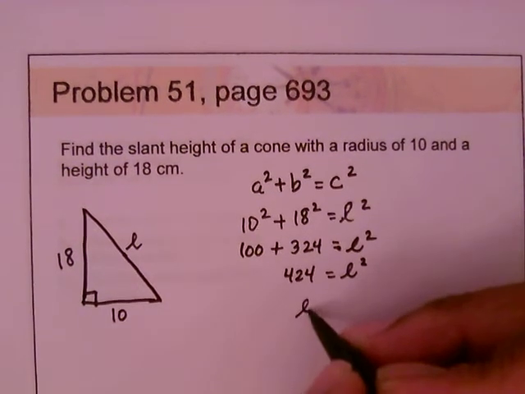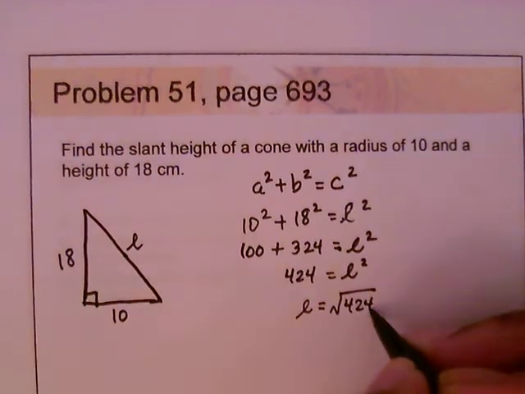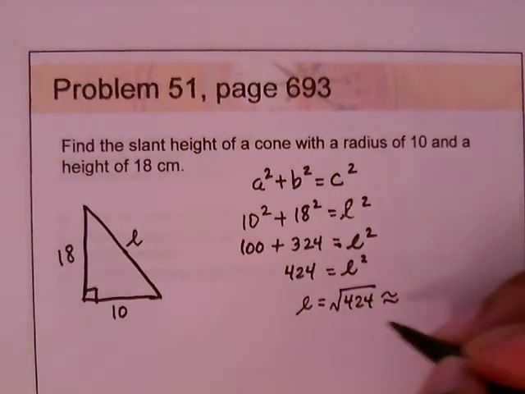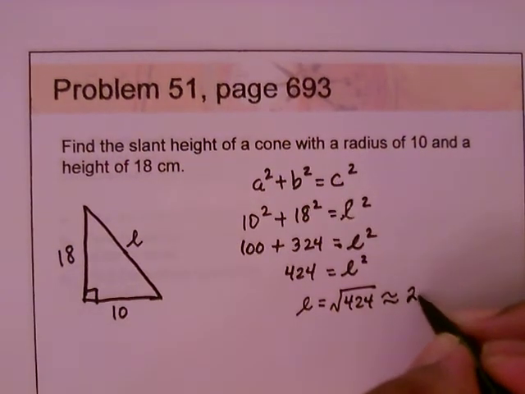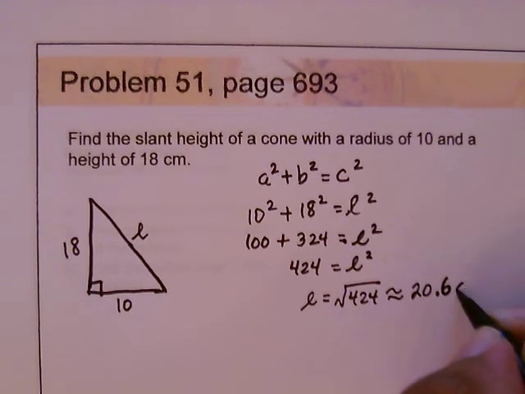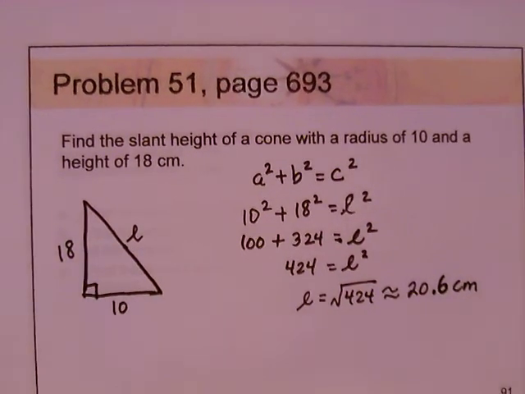And to find out what L is, I need to take the square root of 424. Now, I think they want a decimal value for that. So if you do the square root of 424, you'll get approximately 20.6 centimeters. That would be your slant height for that cone. And that's all they asked for in this case.